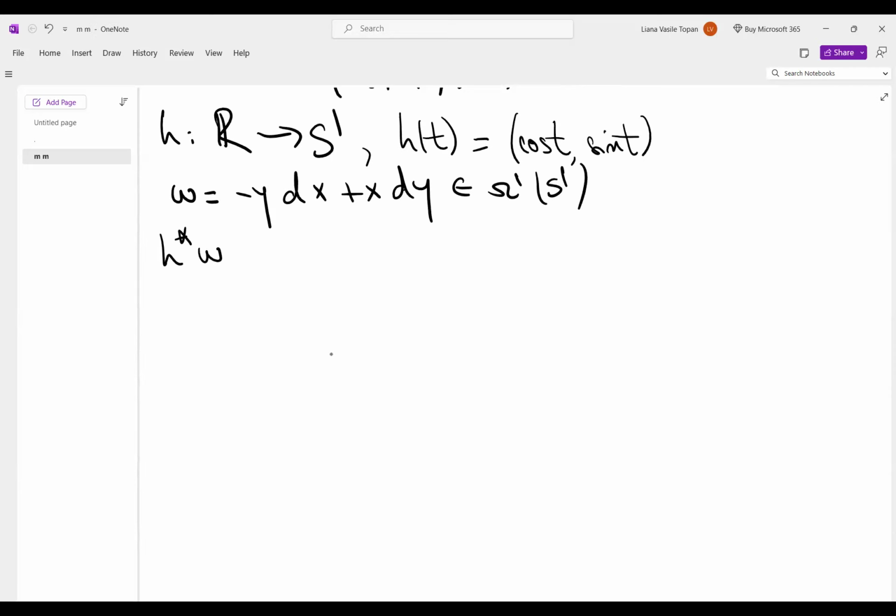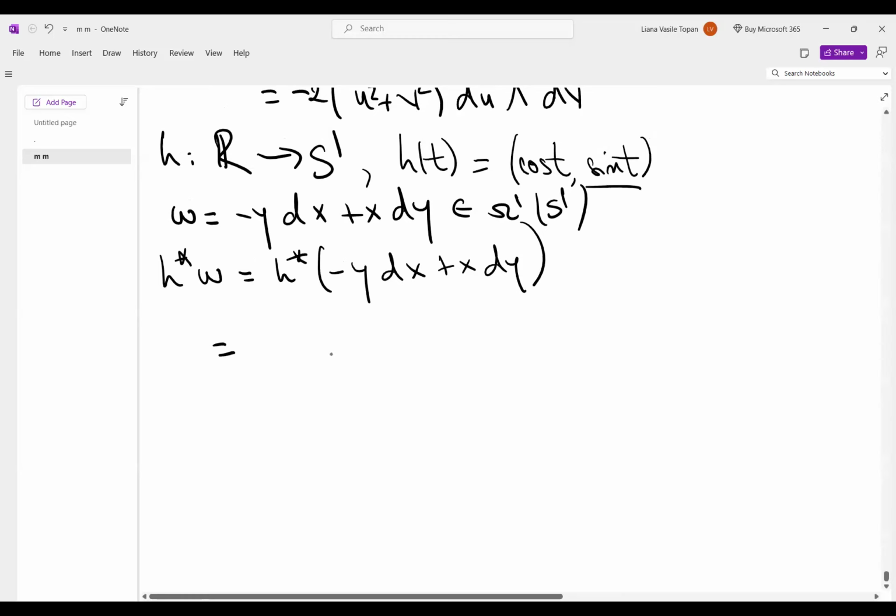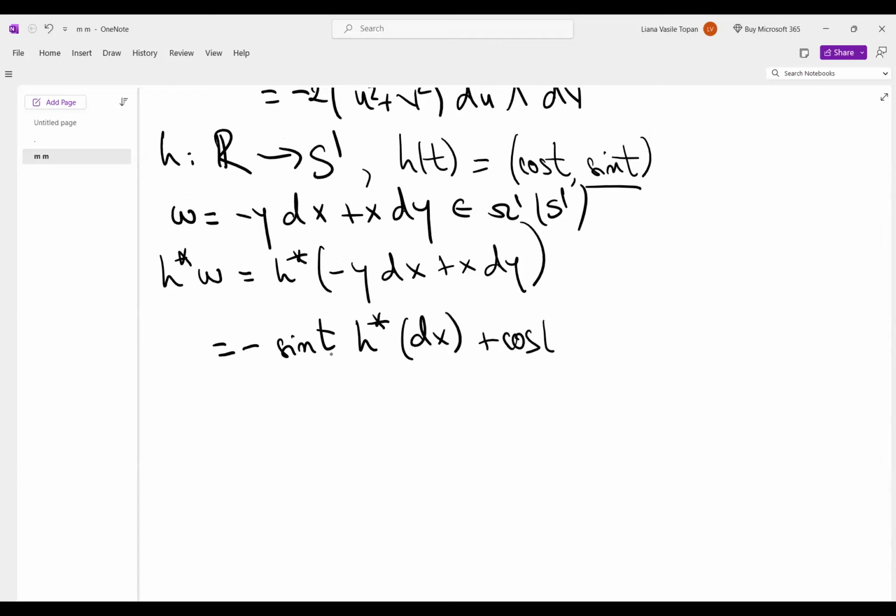So h star of omega is h star of minus y dx plus x dy, which will be negative y, meaning minus sine of t, times h star of dx, plus x, which is cosine of t, times h star of dy.